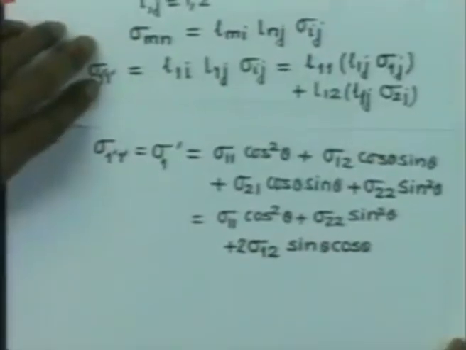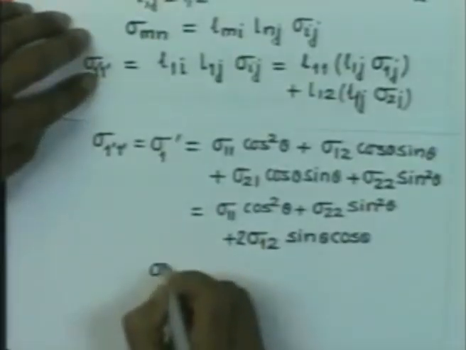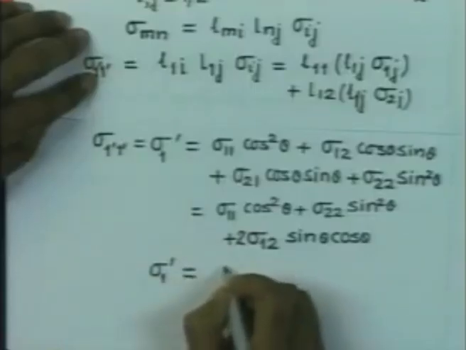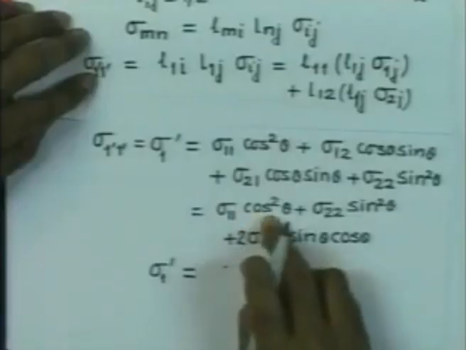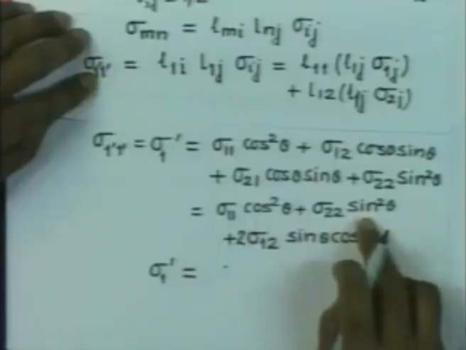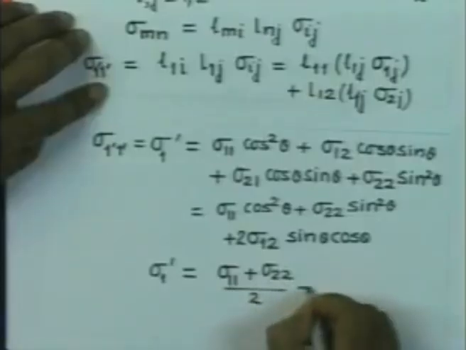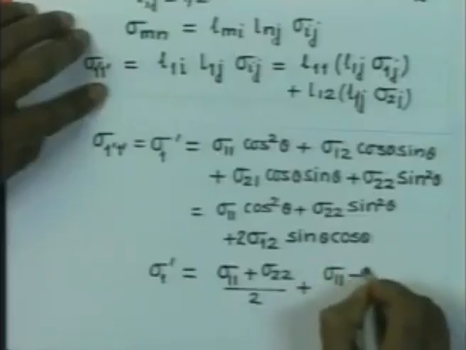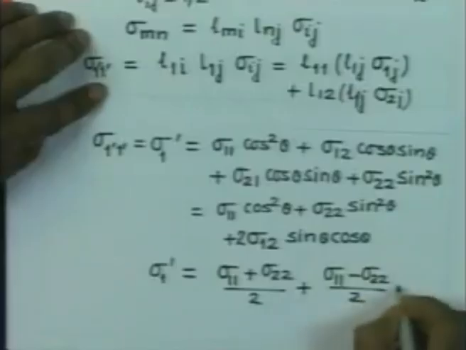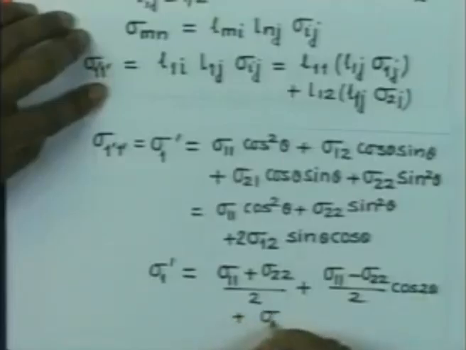This can be written finally that sigma 1 dash is nothing but, if we write cos square theta equal to 1 plus cos 2 theta by 2 and sin square theta as 1 minus cos 2 theta by 2, then this will be given by sigma 1 1 plus sigma 2 2 by 2 plus sigma 1 1 minus sigma 2 2 by 2 cosine 2 theta plus sigma 1 2 sin 2 theta.